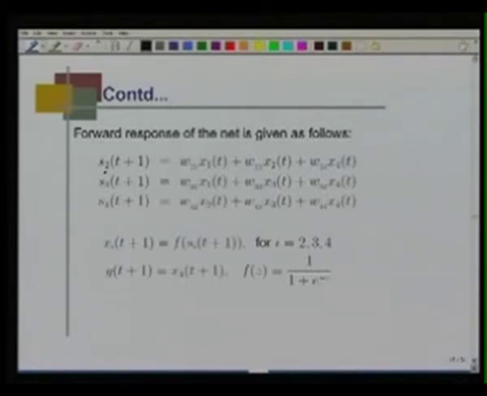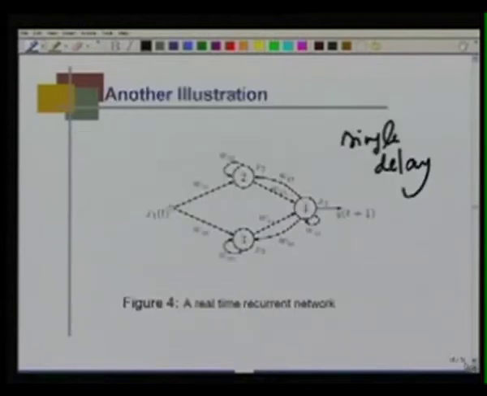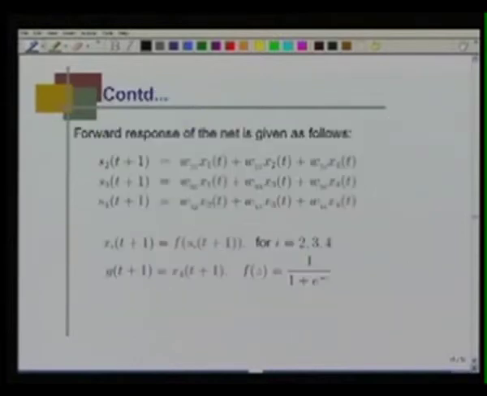So, S2, S3 and S4 are the total input sums to neurons 2, 3 and 4 respectively. So, S2 t plus 1 is W21 X1 t plus W22 X2 t plus W24 X4 t, that you can see here.